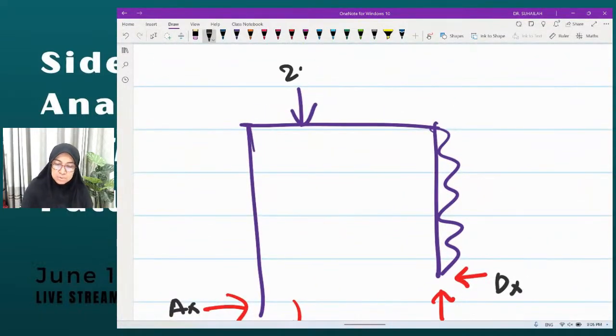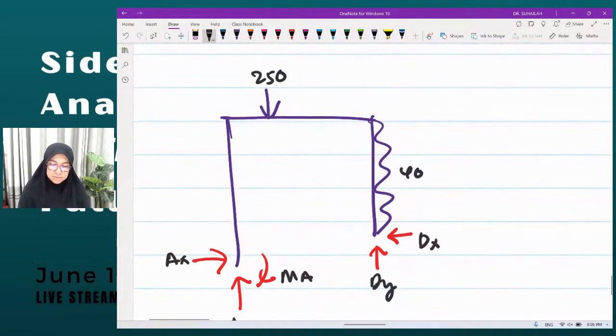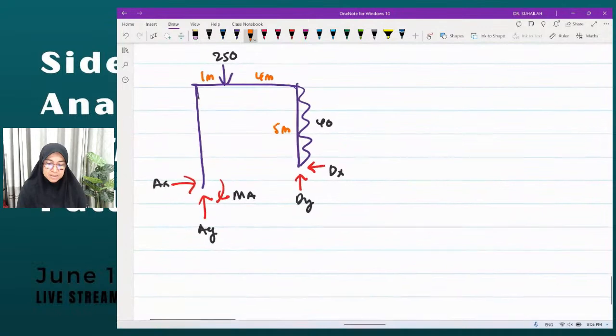This is 250 and this is 40. So this is 1 meter, 4 meter, 5 meter.